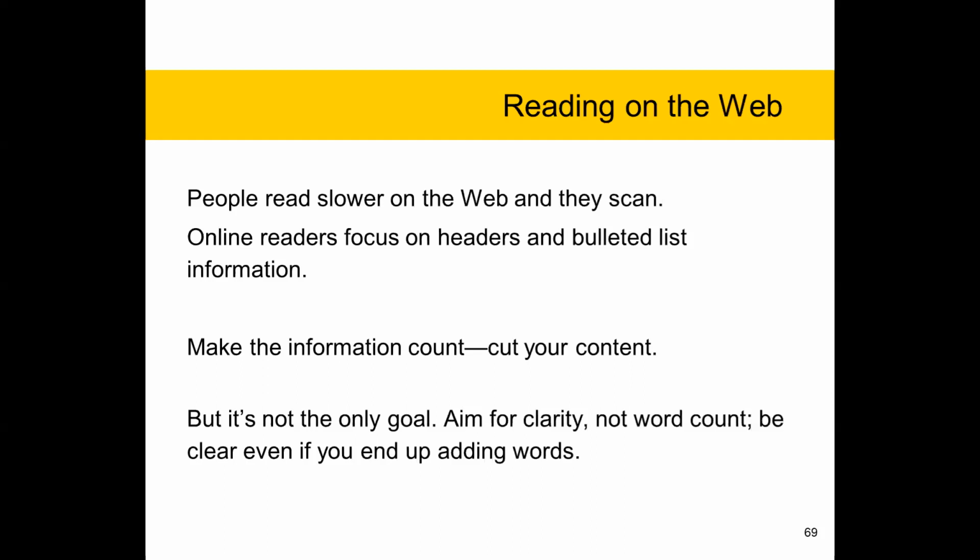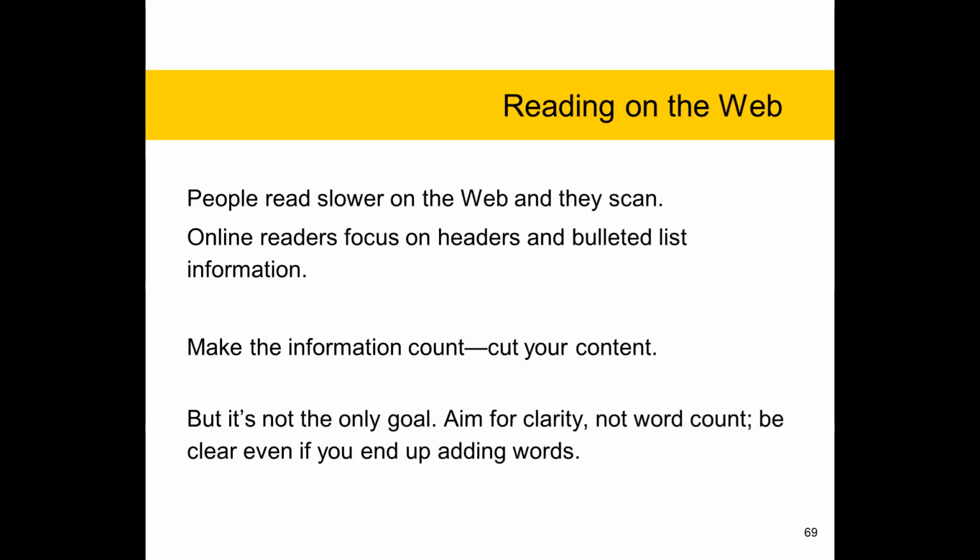Just the law of averages for that. But cutting your content, shortening sentences and paragraphs is not the only goal, and it's not a goal in itself. Clarity is the goal. Your reader understanding is the goal. Look to be clear, even if you end up adding words, because what you want is that people understand.